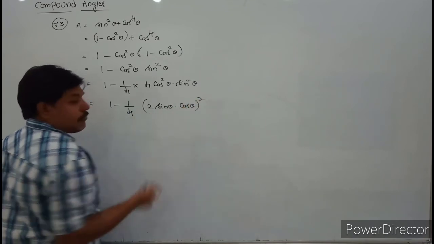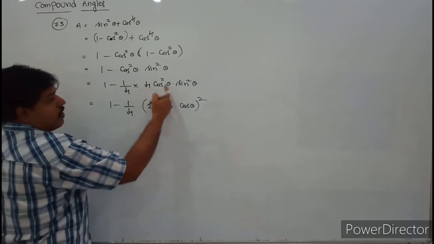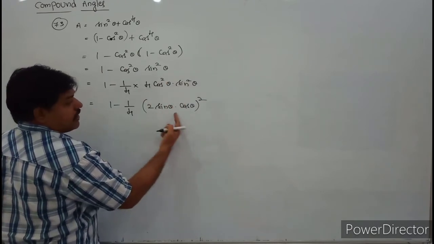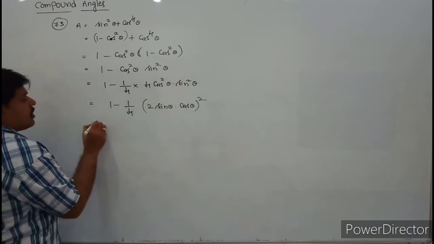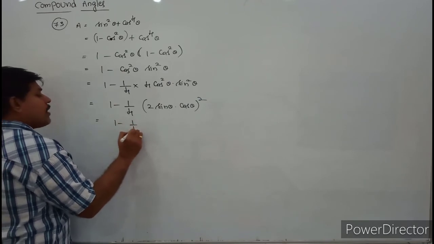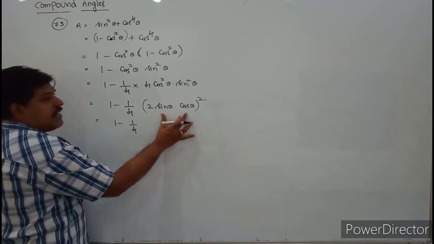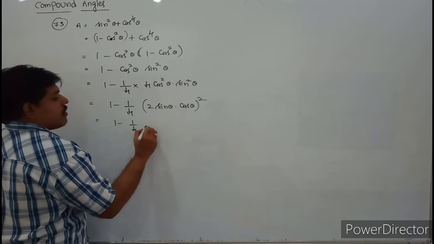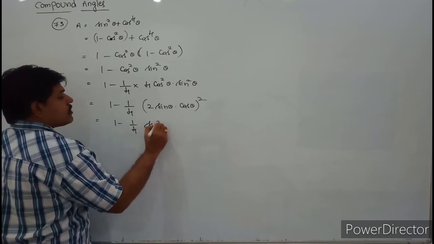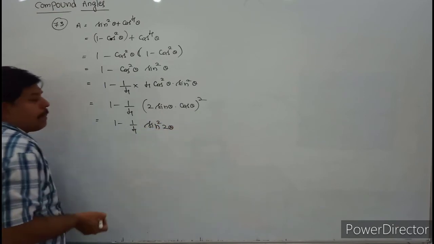Yes or no? So that is nothing but 1 minus 1 by 4. This is nothing but sin 2 theta, whole square is nothing but sin square 2 theta.